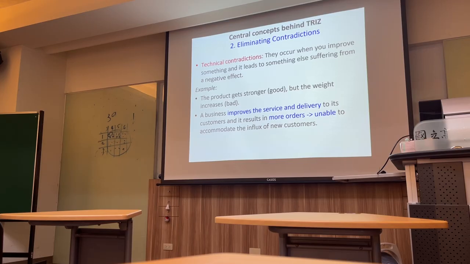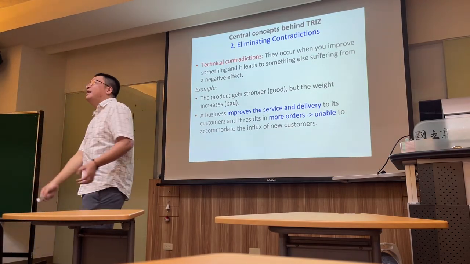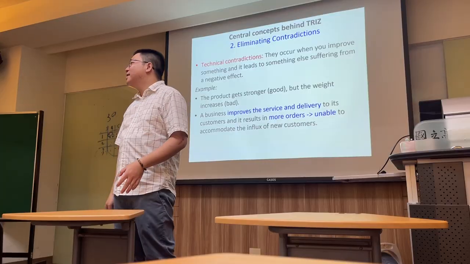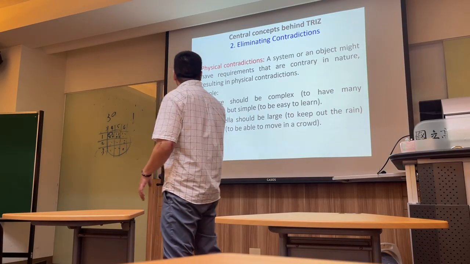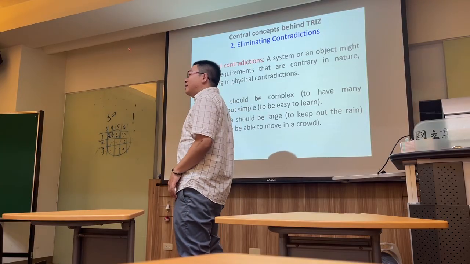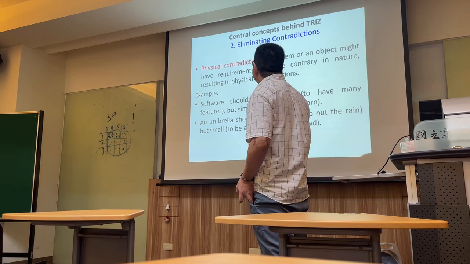So when you increase something, at the same time another thing will suffer from a negative effect. Physical contradictions: a system may have requirements that are contrary in nature, resulting in physical contradictions.